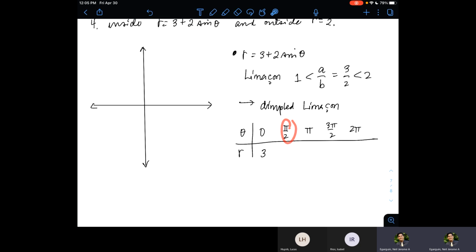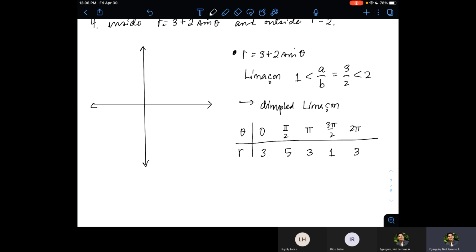Plugging in pi over 2, sine of pi over 2 is 1, so 3 plus 2 is 5. Sine of pi is 0, so we get 3. Plugging in 3 pi over 2, we get negative 1 times 2, that's negative 2 plus 3, so we get 1. And at 2 pi, we get the same value as at 0.